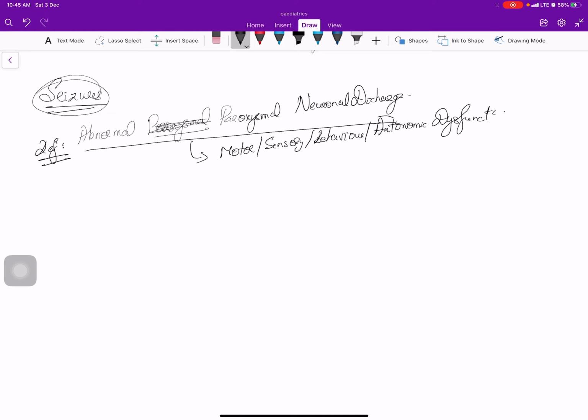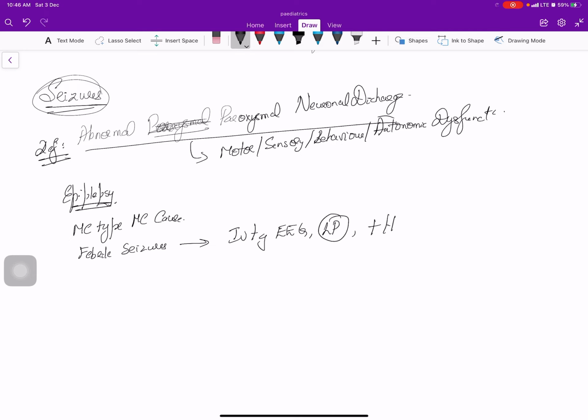After the definition, we are going to tell what epilepsy is and what the most common cause is. We're going to elaborate on febrile seizures. Then we're going to talk about very important investigations, EEG findings, indication of lumbar puncture, treatment, prophylaxis.